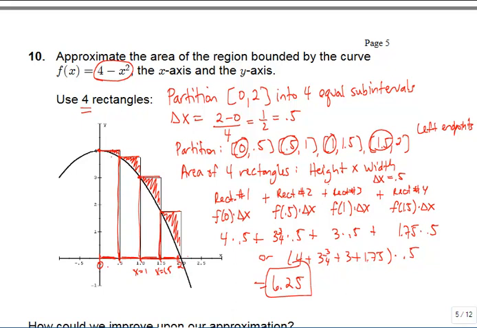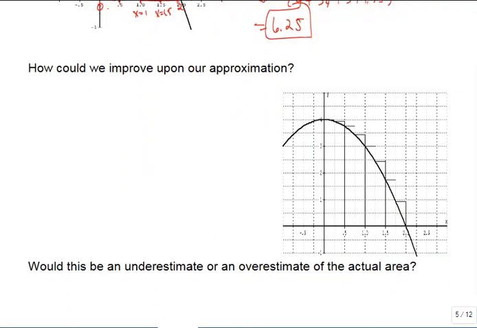So how could we make it better? What could we do to improve our approximation? Well, we can narrow our rectangles and make them be smaller so that we have more of them. So we could go here and here and here and here and so forth.